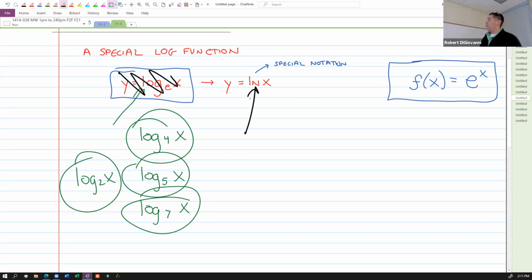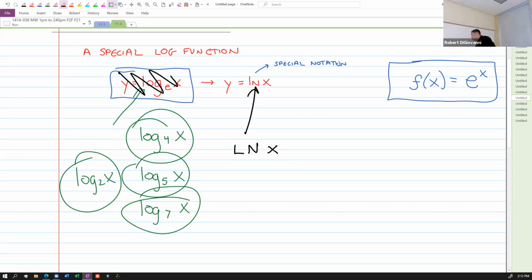Now, what that stands for is L and then N. So really that's an L and then an N and then x. The L stands for logarithm, the N stands for natural. In French, you would say logarithm natural. That's why we write ln instead of nl. Natural log, we say log natural.